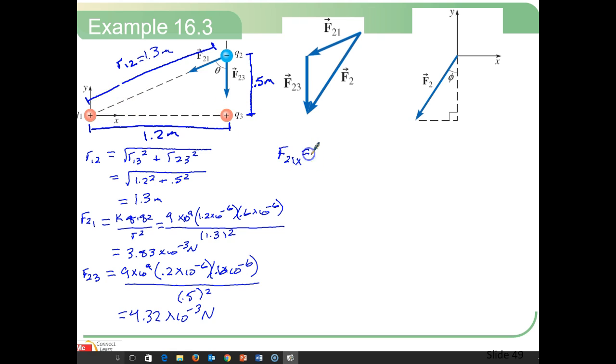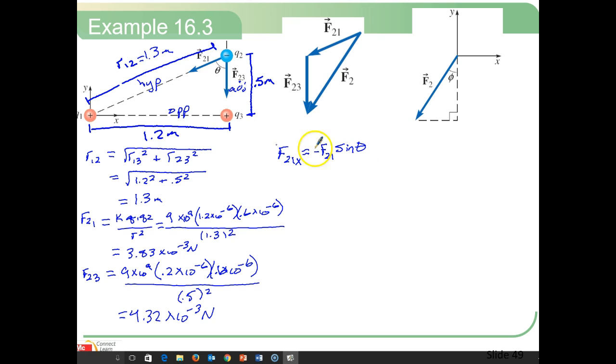That's going to be equal to negative the force of 2 on 1 times the sine of the angle. Because we're finding this bottom part, we know the angle is here, so this is the opposite side, and this is the hypotenuse, which makes this the adjacent side of our triangle.